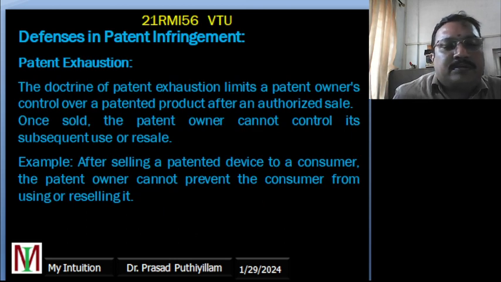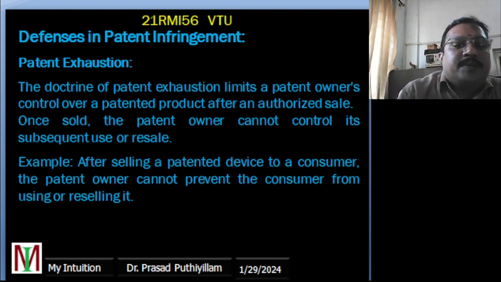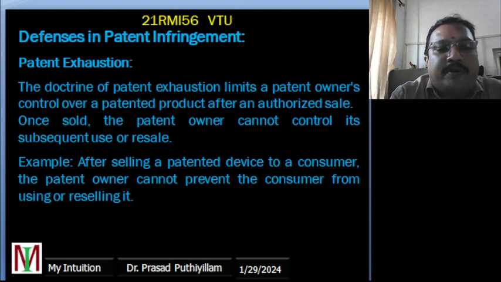Patent exhaustion. The doctrine of patent exhaustion limits a patent owner's control over a patented product after an authorized sale. That means once sold, a patent owner cannot control its subsequent use or resale. Example, after selling a patented device to a consumer, the patent owner cannot prevent the consumer from using or reselling it.